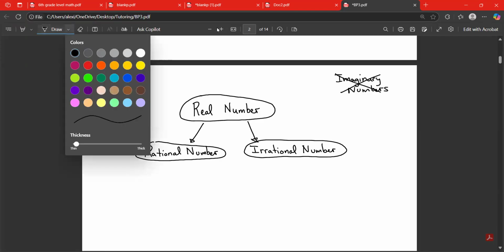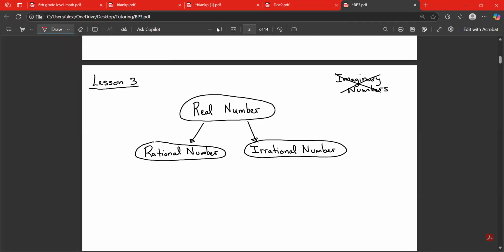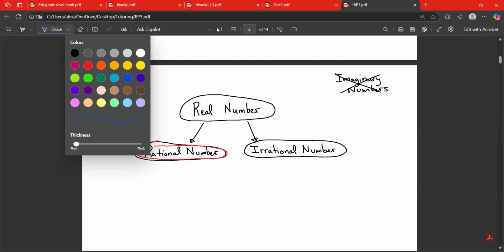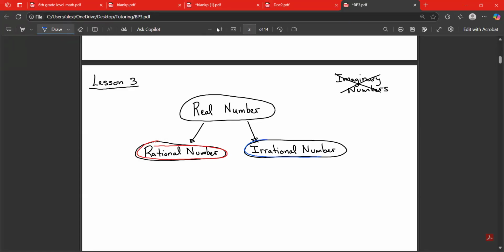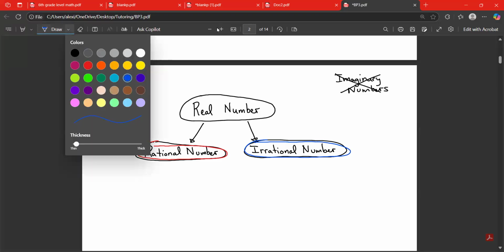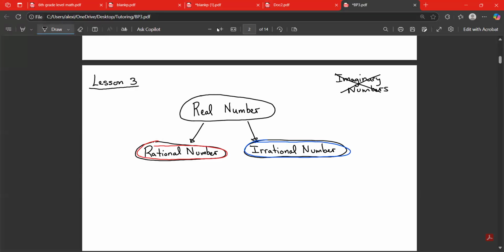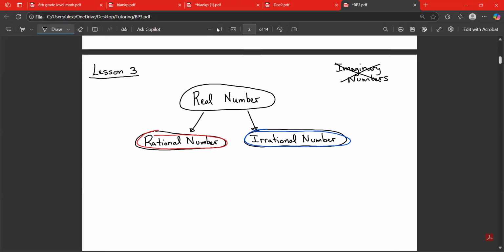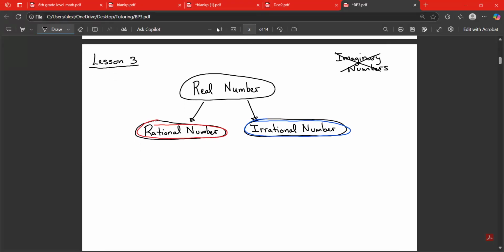So think back to when we talked about rational numbers and irrational numbers. What's special about a rational number that an irrational number cannot do? There's something a rational number can do that an irrational number cannot do. So I'm going to write that underneath it very small.